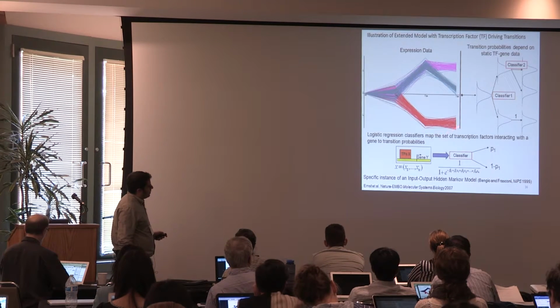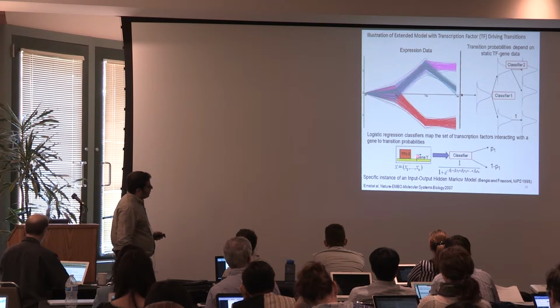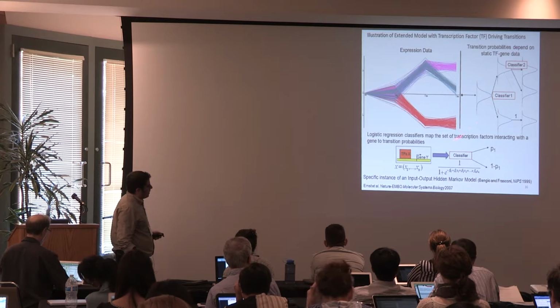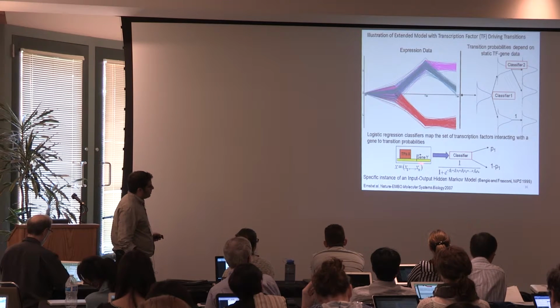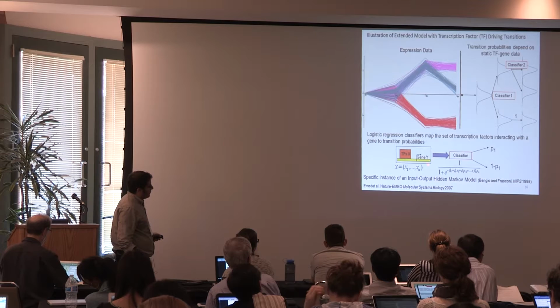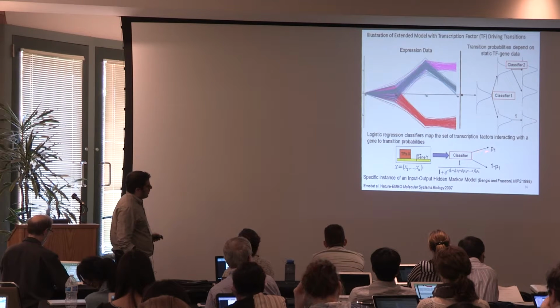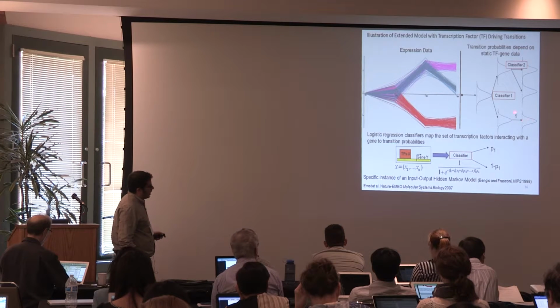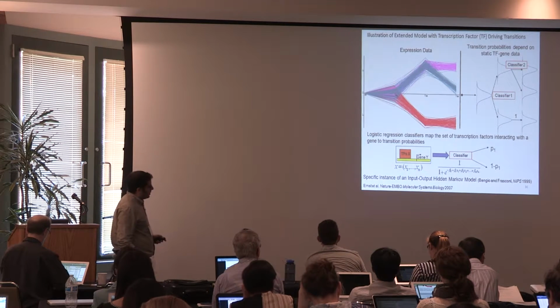We can more generally convert the set of transcription factors that bind or are associated with regulating a gene to a gene-specific transition probability with a logistic regression classifier. It takes the vector of the transcription factors that bind to a gene and converts it into a probability that it would go on the up path or the down path, just based on that information.